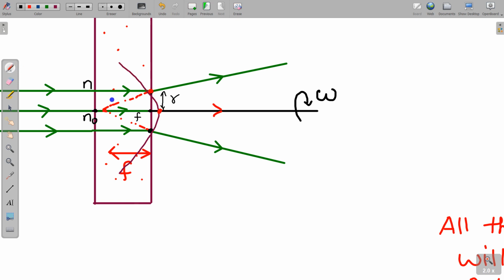So this distance is equal to under root r square plus f square, and obviously the distance between this point and this point, so this total distance is equal to under root r square plus f square. So what is this distance? So this distance is going to be under root r square plus f square. This is the total distance from here to here, and from here to here it is equal to small f, so minus f.